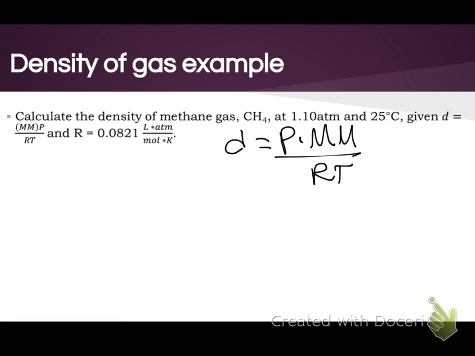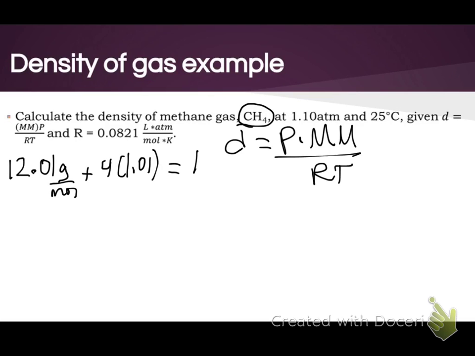And so to assign these variables, oh, we got CH4, so that tells me what the molar mass is. It's going to be the weight of a carbon plus 4 hydrogens. So it's roughly about 16.05 grams per mole.